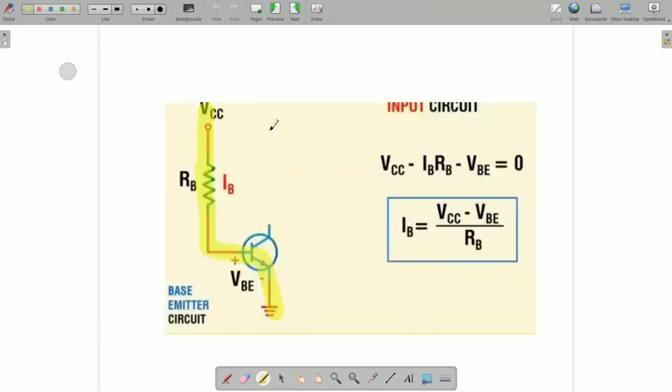Let's see the formulas. Let's take the input circuit, that is, the base emitter circuit. When we apply KVL, we get VCC minus IBRB minus VBE equals 0. Rearranging to IB, we get IB equal to VCC minus VBE divided by RB.